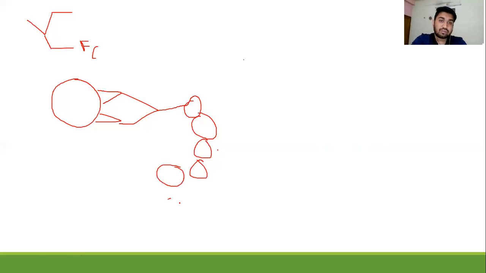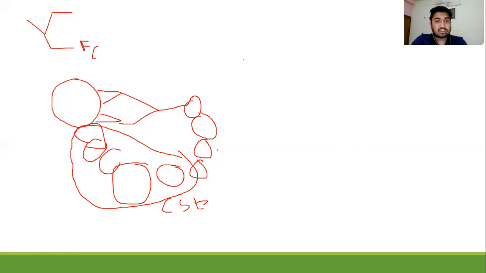Then it will attract C6, C7, C8, and C9. This C5B to C9 is called the membrane attack complex. Now the membrane attack complex will attack the red blood cell, and it will cause lysis of the red blood cell, meaning RBC death. This is the mechanism of type 2 hypersensitivity, how type 2 hypersensitivity occurs.